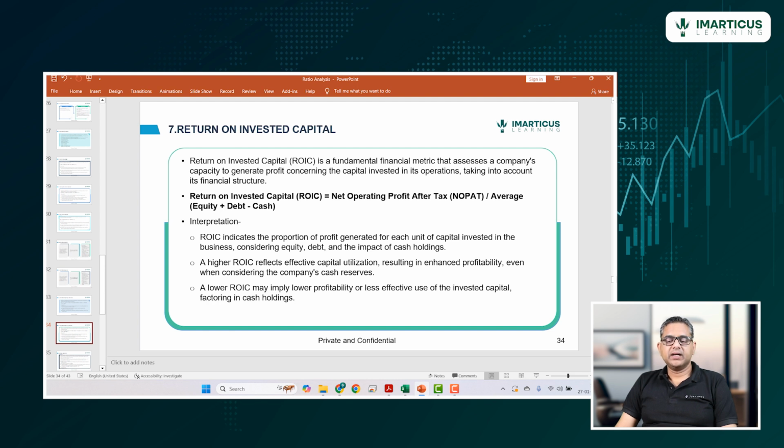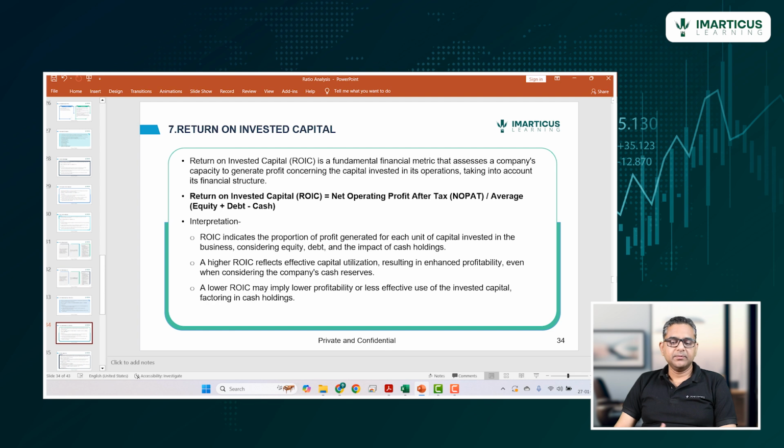Interpretation: ROIC indicates the proportion of profit generated for each unit of capital invested in the business, considering equity, debt, and the impact of cash holdings. A higher value indicates effective capital utilization, resulting in enhanced profitability even when considering the company's cash reserves. A lower ROIC may imply lower profitability or less effective use of the invested capital, factoring in cash holdings.